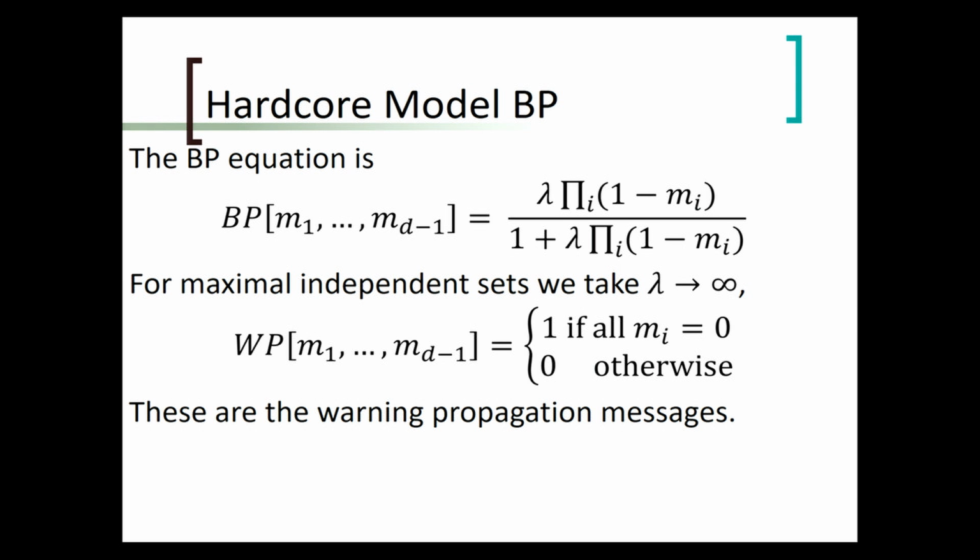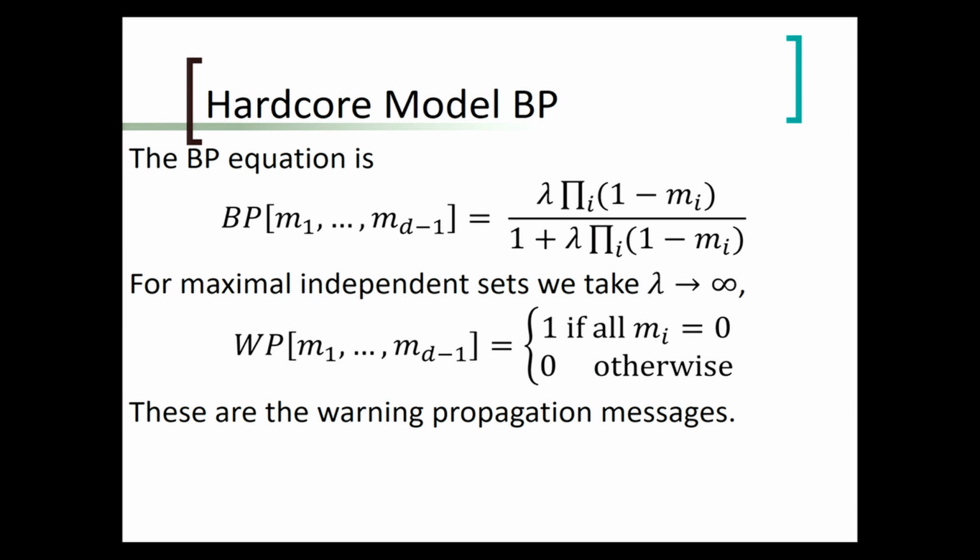And the great thing about that is that now, rather than having to deal with a constraint satisfaction problem whose states lie in the interval from 0 to 1, the states are just either 0 or 1.